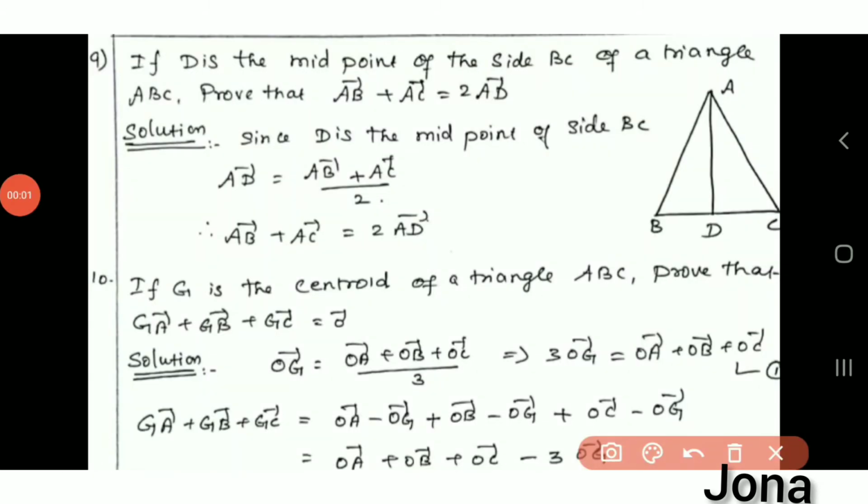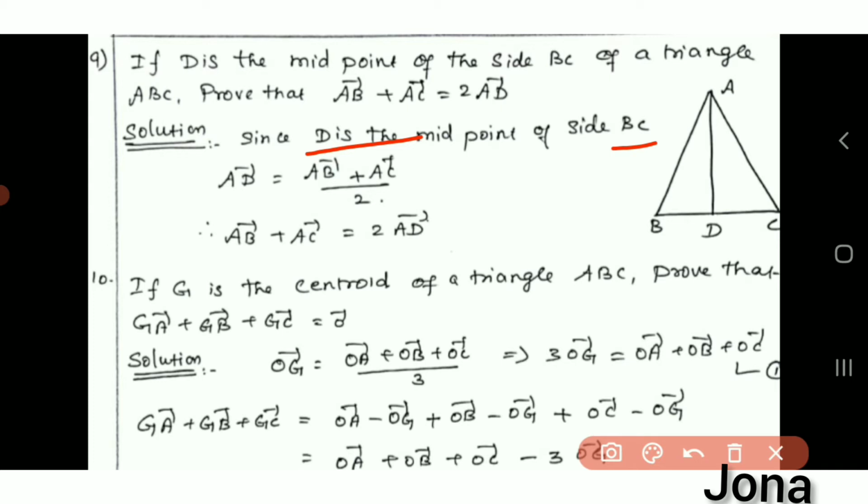Ninth sum. If D is the midpoint of the side BC of a triangle ABC, prove that AB plus AC equals 2AD. Here it's given D is the midpoint of the side BC.